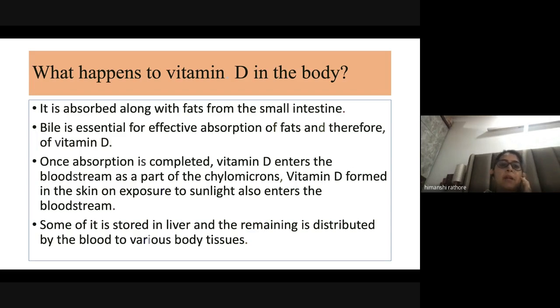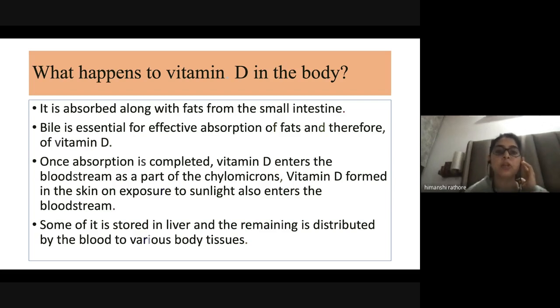Like that, vitamin D also gets absorbed along with the fat in the small intestine. You can connect it with yesterday's lecture, because everything is connected with each nutrient. Because vitamin D is fat soluble, like fat, it is also absorbed in the small intestine.